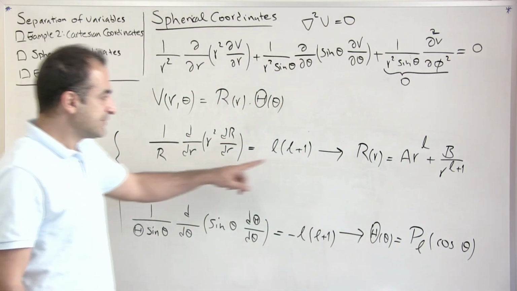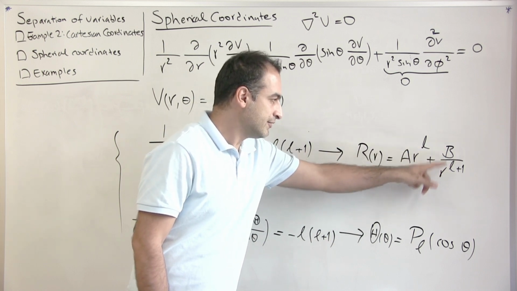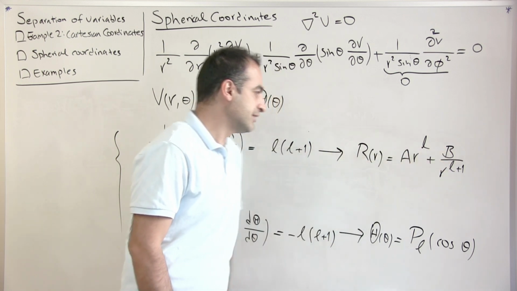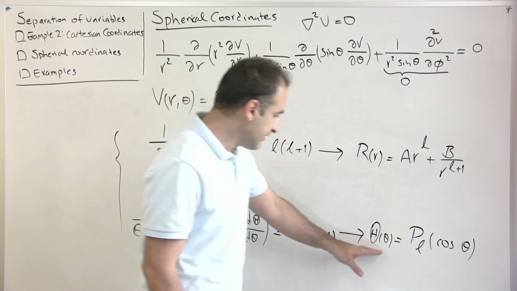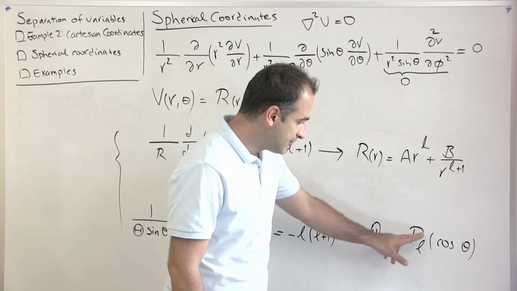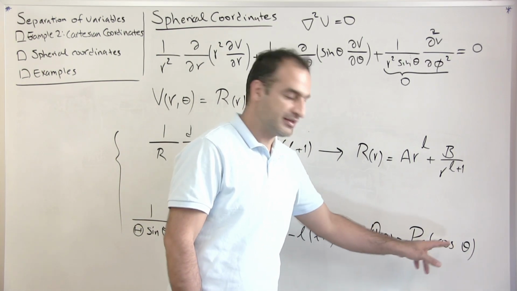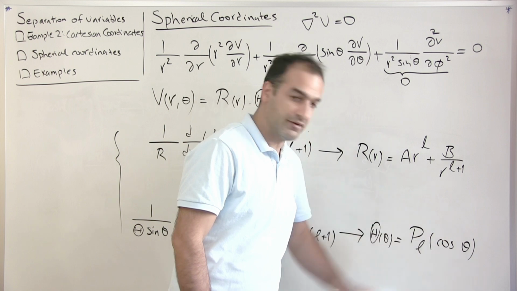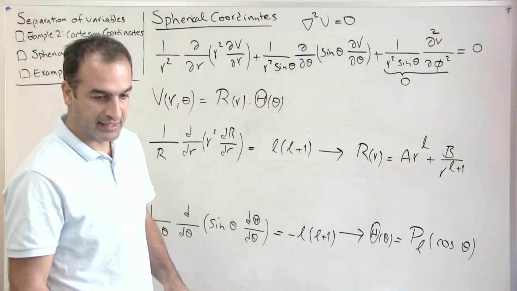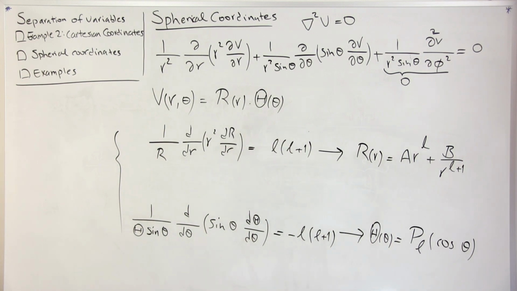So for the radial one, we have the normal polynomial terms with B over r to the L plus 1. Legendre polynomials, I'm going to write a few of those.